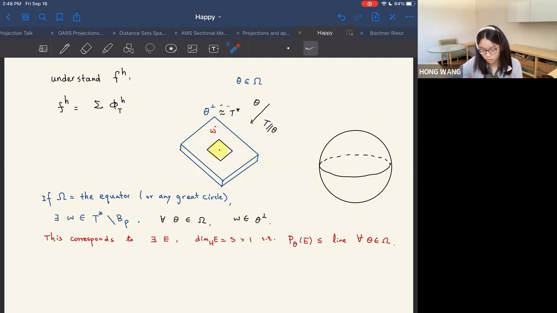But this is not true in higher dimensions, just because this T star is 2-dimensional. For example, if omega is the equator, which is the degenerate case for projection, we are going to see why it's also bad for our method.